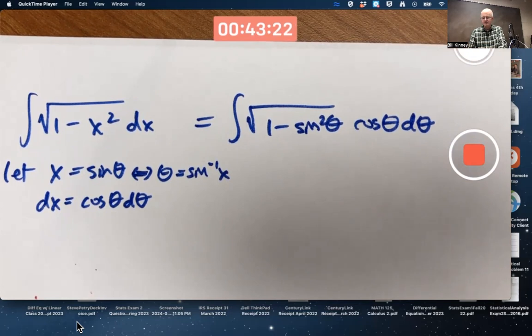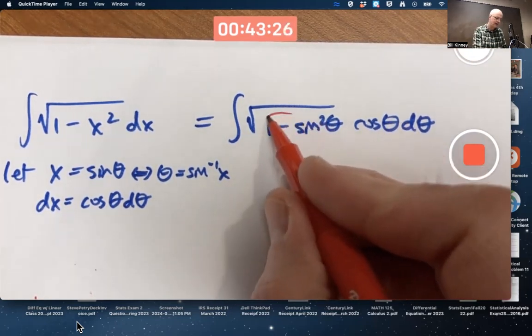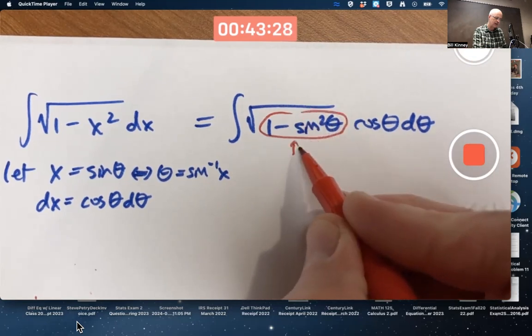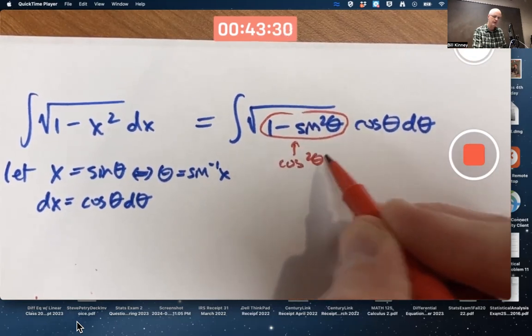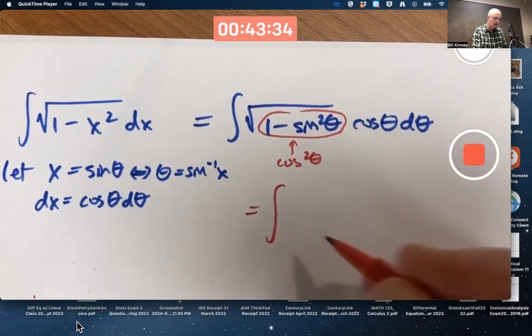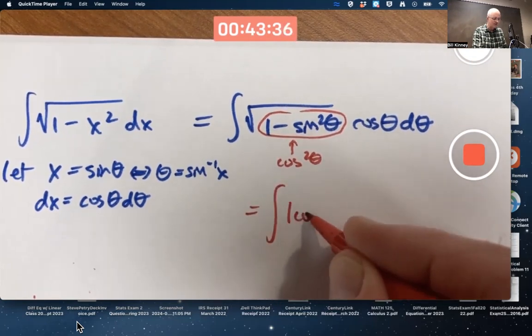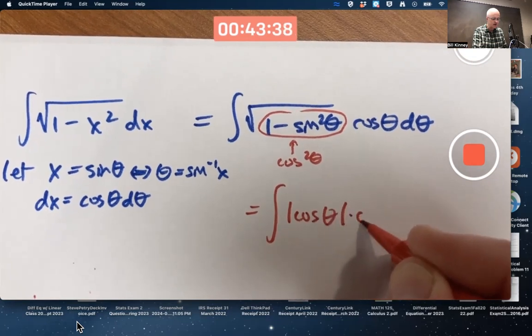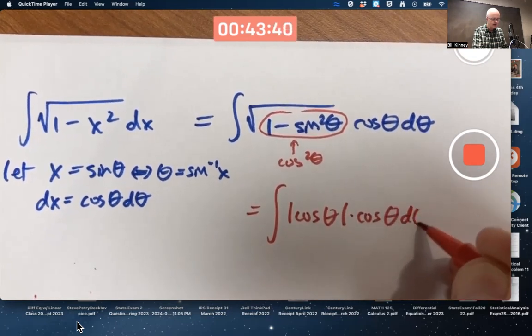Then, this shouldn't be surprising by now. We use the fact that 1 minus sine squared is cos squared theta. Technically speaking, the square root of cos squared theta is the absolute value of cos theta.